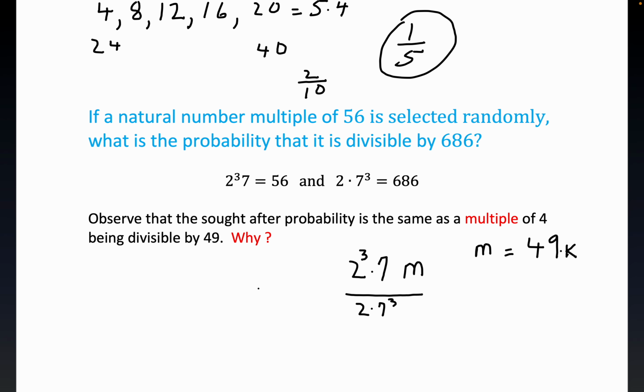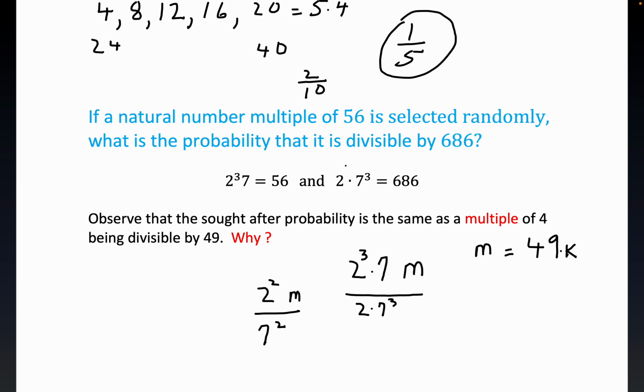Again, you would have 2 squared times m over 7 squared, right? So you see, that's why we're looking for the probability of a multiple of 4 being divisible by 49.